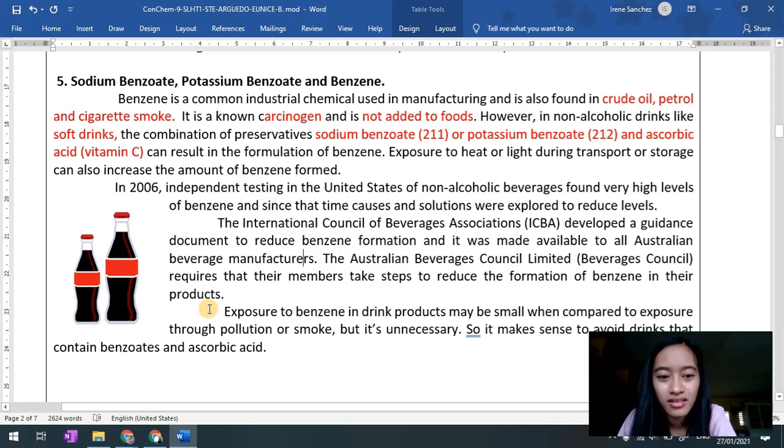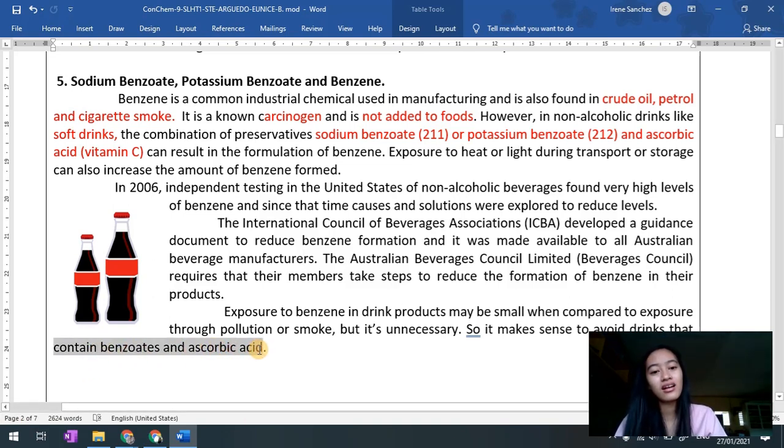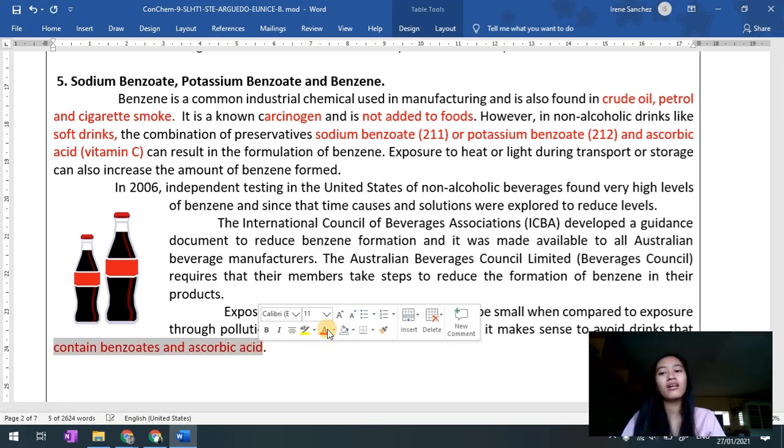Benzene is a carcinogen. Exposure to benzene in drink products may be small compared to exposure to pollution or smoke. Yes, there is a lot of benzene in smoke, from the burning of fossil fuels, but it's unnecessary. So it's still not necessary to be exposed more, even though it is small. So it makes sense to avoid drinks that contain benzoates and ascorbic acid.